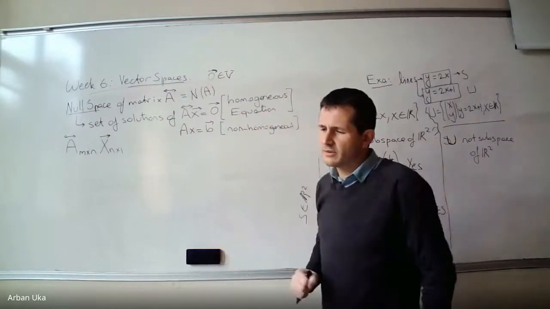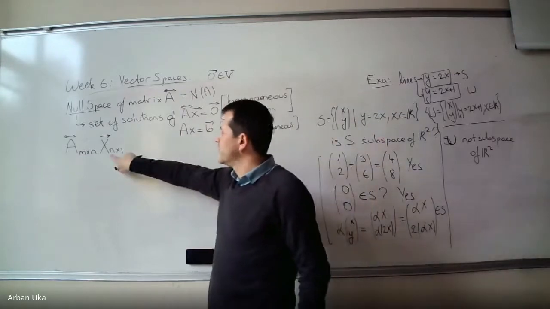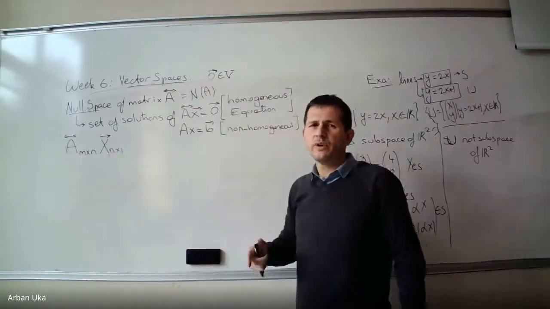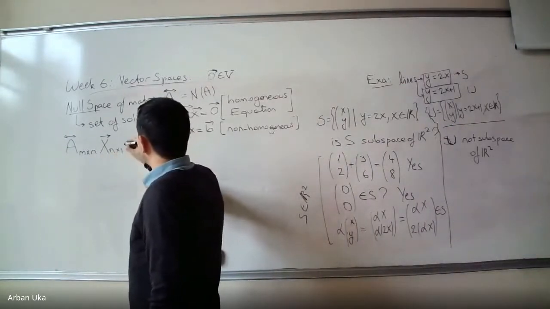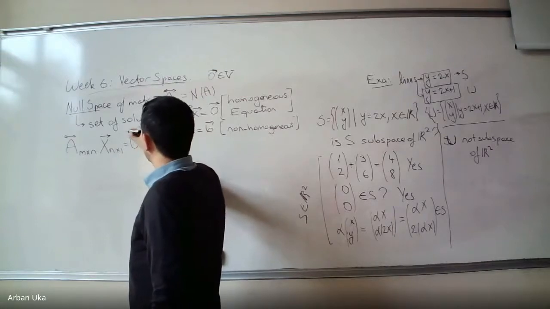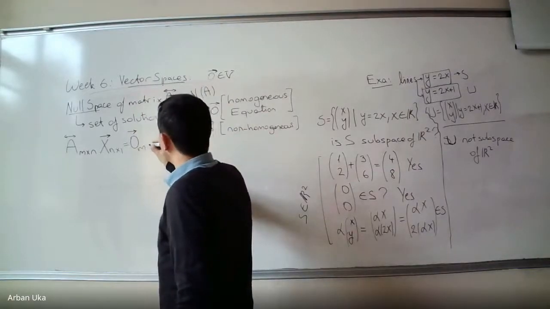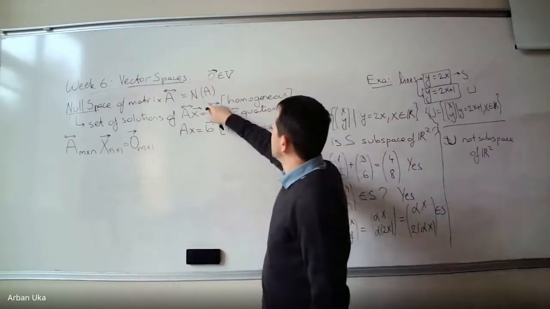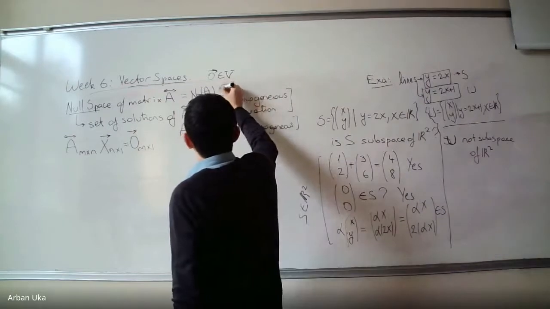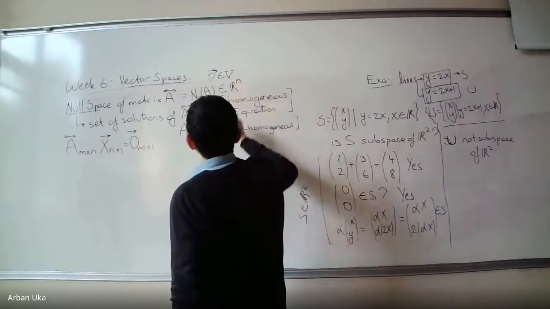We write this in the general form so that we can understand this one is a subspace of which space. So this is AX equals what? 0 vector. How large is a 0 vector? N by 1, that's correct. So what is the null space of A? This is a subspace of Rn, okay?